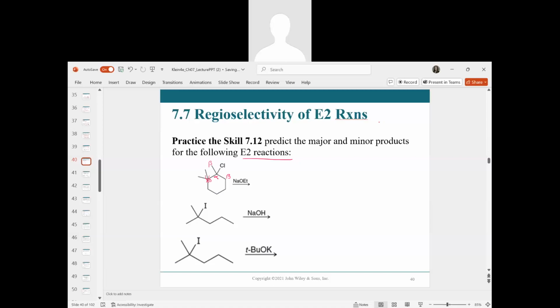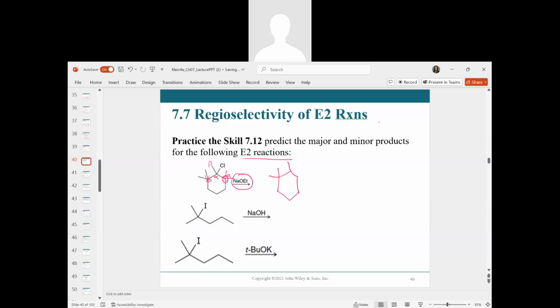But we do have this non-bulky, non-sterically hindered base. So we expect that our Zaitsev product would be our major product. So that would be if one of these protons here were removed. So there's two equivalent protons. So let's draw our product. So we have those two methyl groups there, the other methyl group up top here.